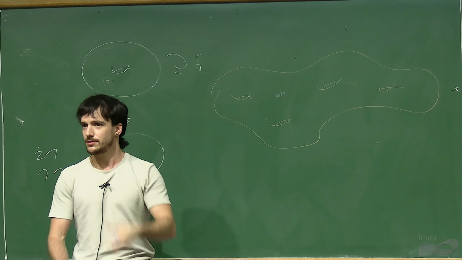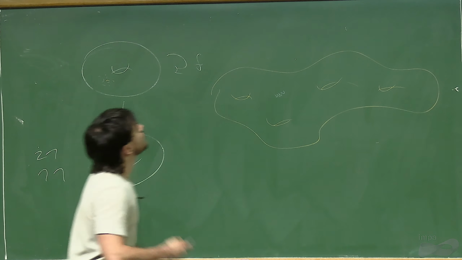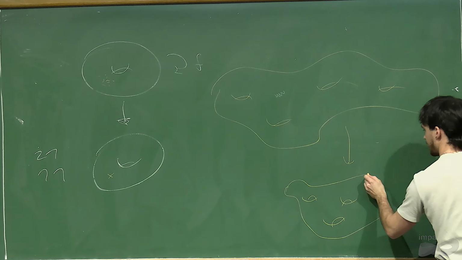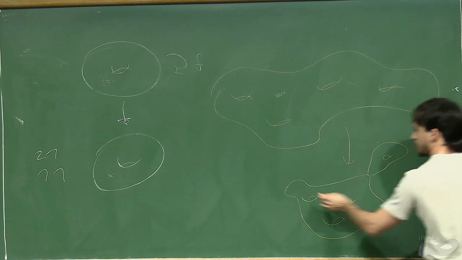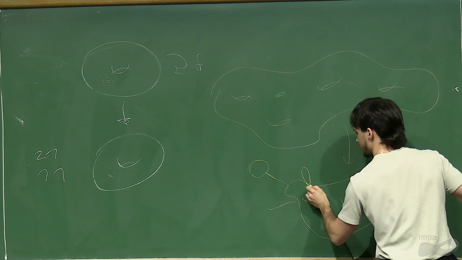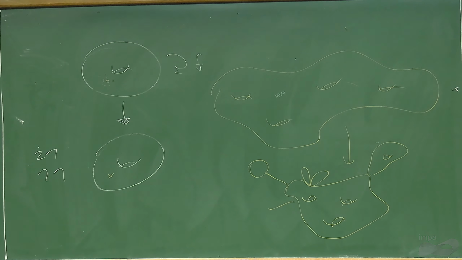So in the quotient, every non-trivial continuum carries positive entropy. The disadvantage here is that the quotient space is not a surface anymore. It's a cactoid. Maybe it looks something like this: it has some blobs, some sticks, and some more blobs. So the fibers look nice because they are connected, but the quotient space, not so much.